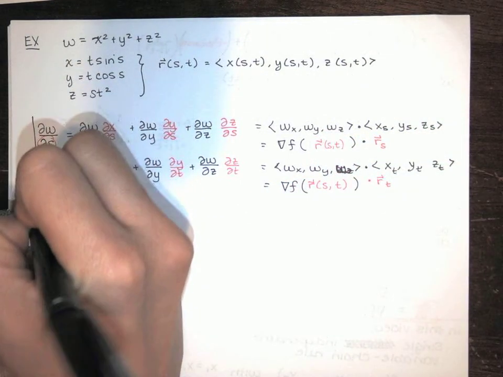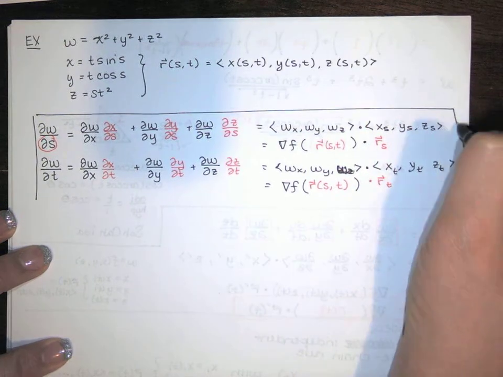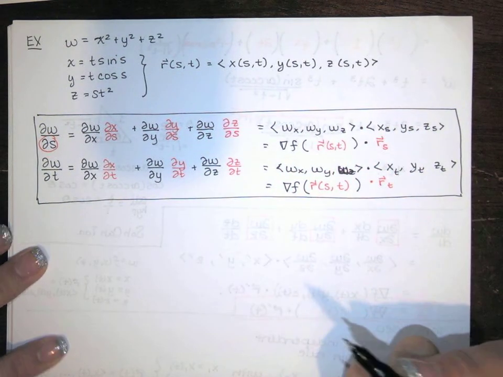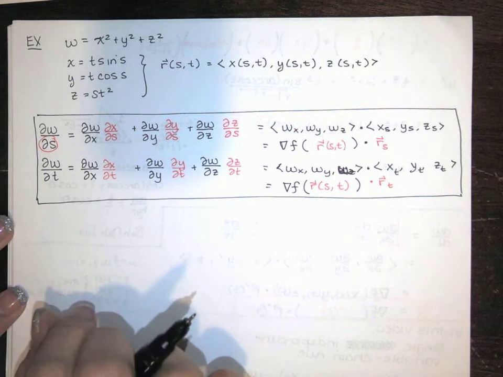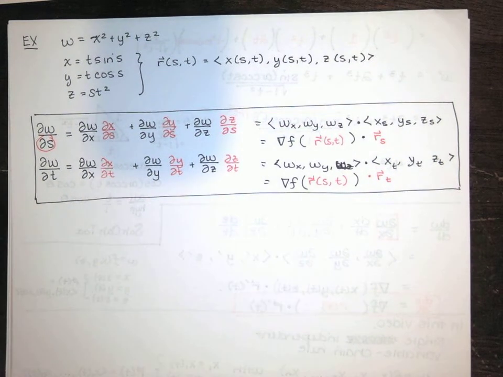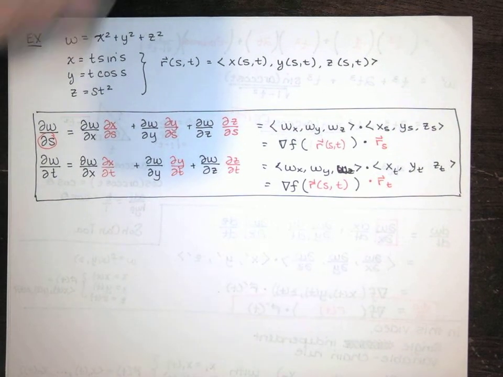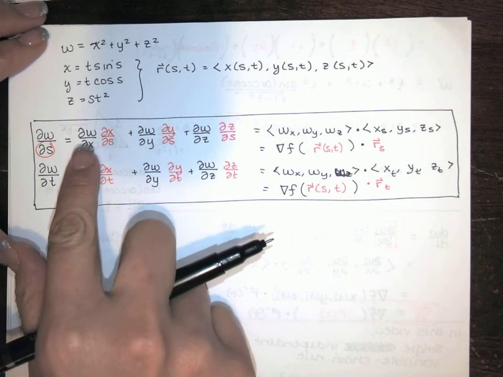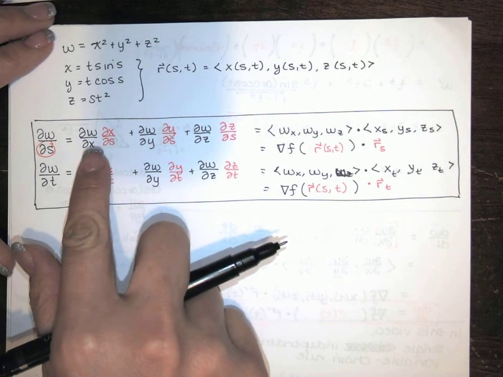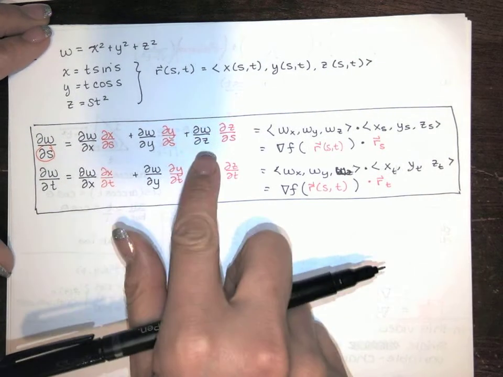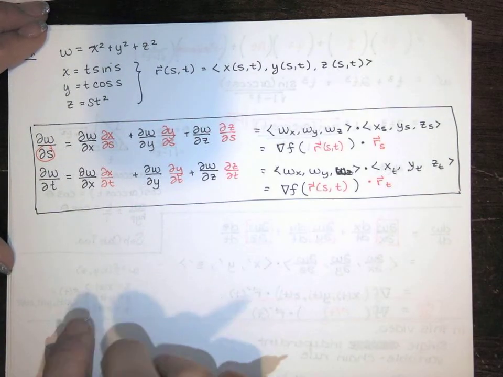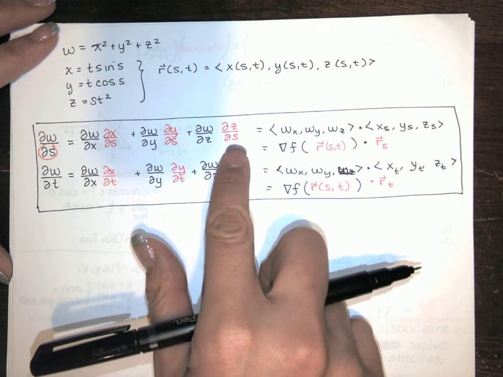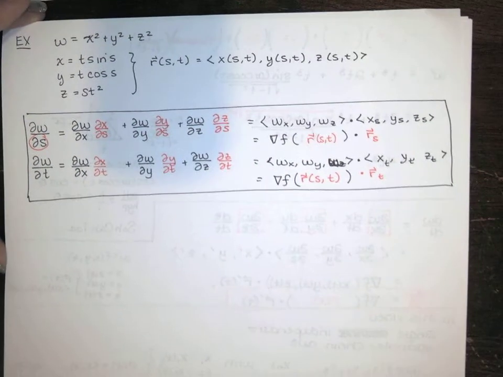Okay. So this is our chain rule for two new independent variables, s and t, when the original function had three independent variables, x, y, and z. Okay, if I want to use these formulas, I need the partials of w with respect to x, y, and z, all in terms of s and t, and then I need these partials of x, y, and z with respect to s and t.